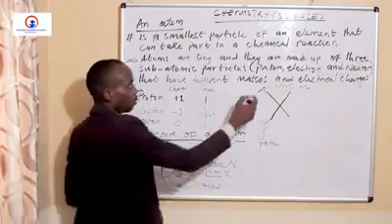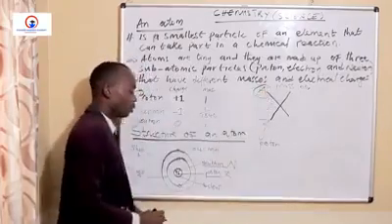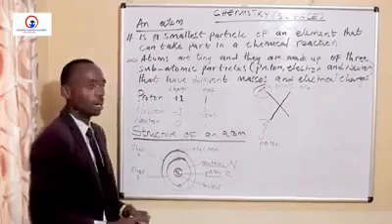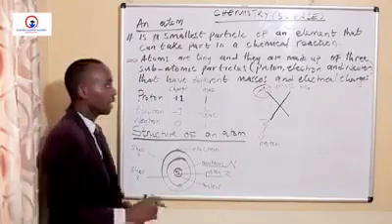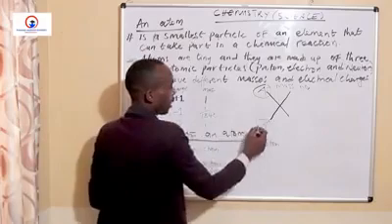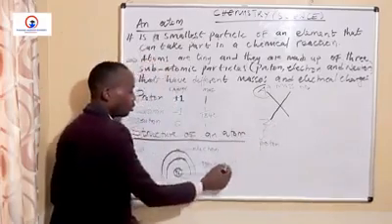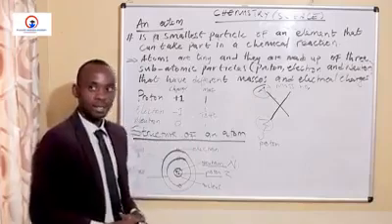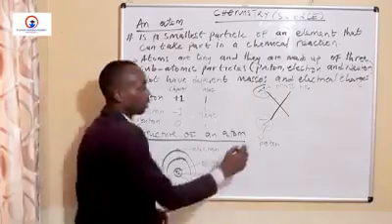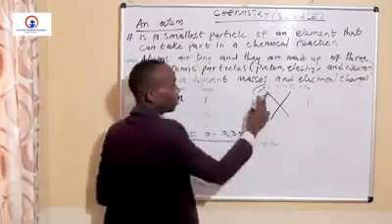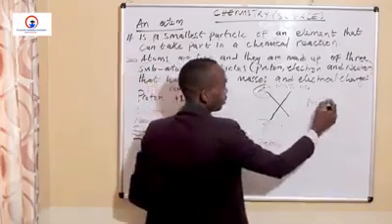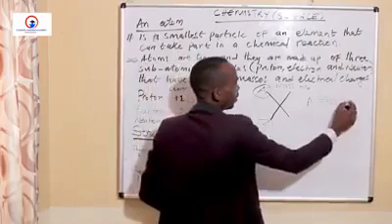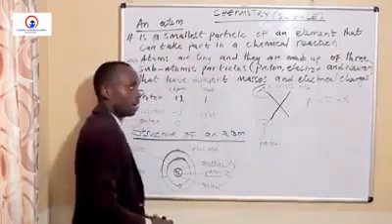When you talk of the mass number, since we have also mentioned that at the nucleus is where the mass of an atom is concentrated, it means that the addition of the protons and also the neutrons gives us the specific number which is called the mass number. To make it simple, we're going to say A, which is the mass number, is equal to Z, which is the proton number, plus N, which is the neutron number.